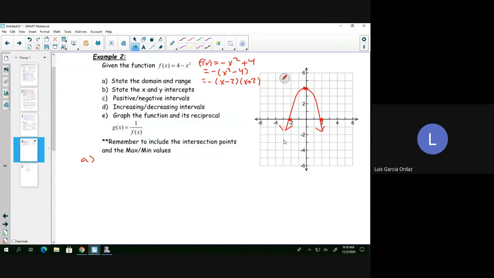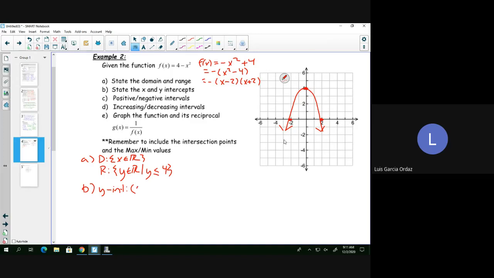So what is our domain and range for f of x? x is all real numbers, right, because it's just a parabola. And our range? y is less than or equal to 4. Yep. Okay, we already answered this. What's our y-intercept? 0 and 4.